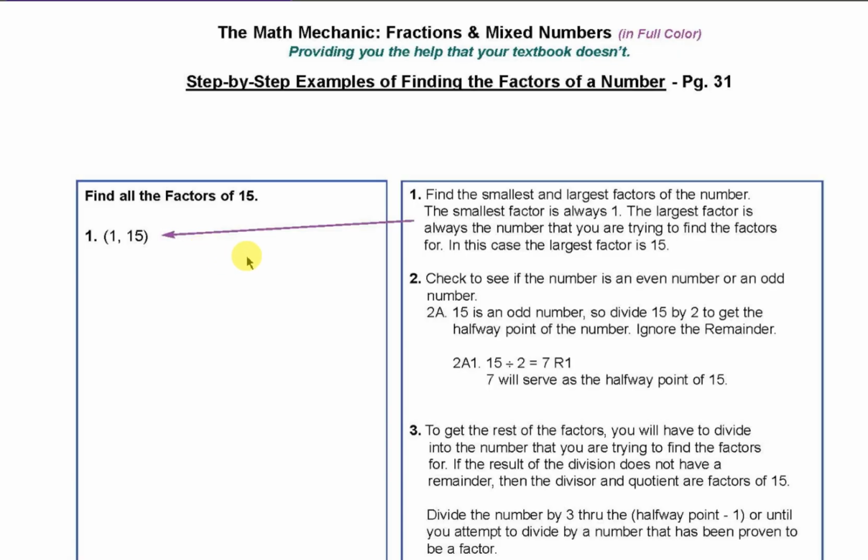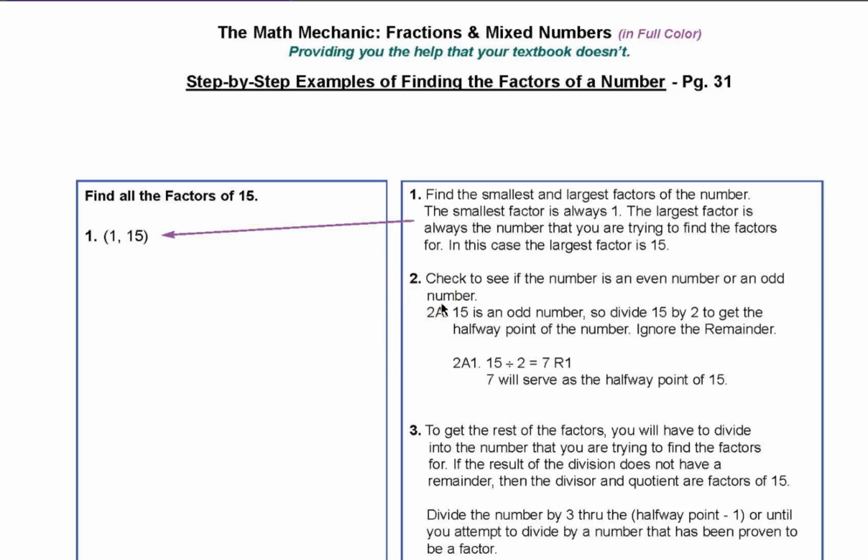Next, we are going to find the halfway point of the number that we are finding the factors for. So, we go to step 2. Check to see if the number is an even number or an odd number. 15 is an odd number.